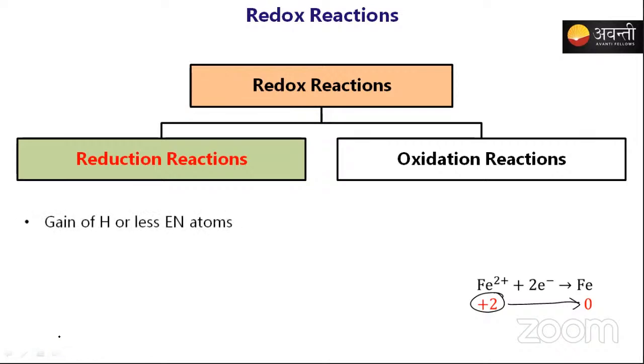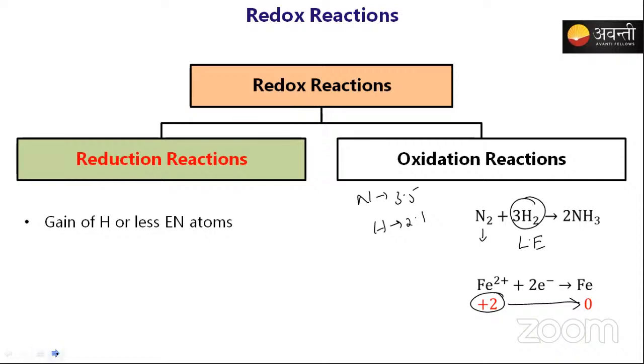Reduction is nothing but a gain of hydrogen or less electronegative atoms. They have to gain. If you see, they are gaining the hydrogen, which is less electronegative compared to nitrogen. Nitrogen electronegativity is almost 3.5. Hydrogen will be 2.1 or 2 point something, right?